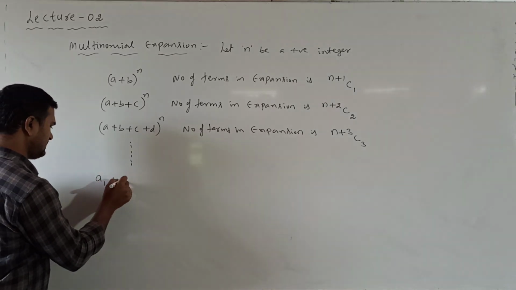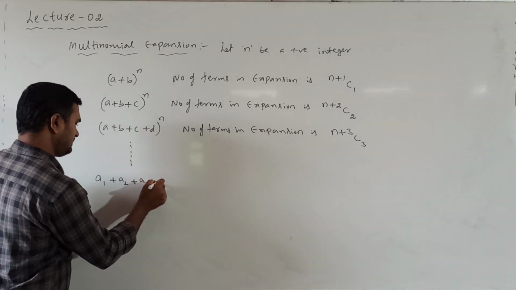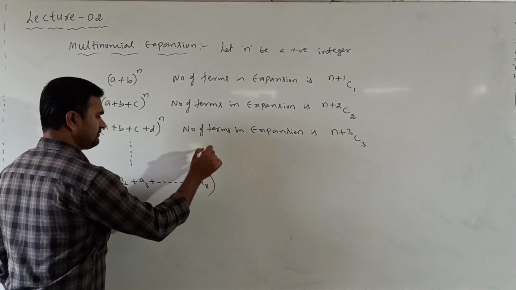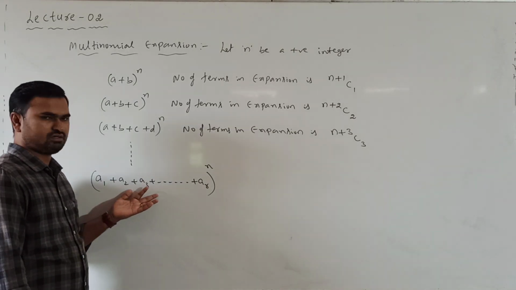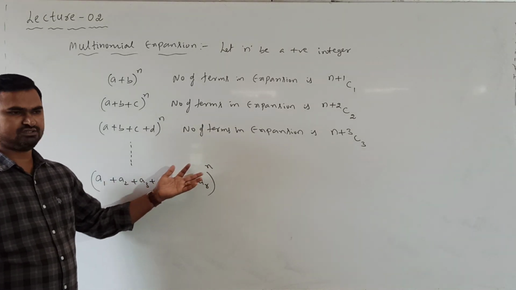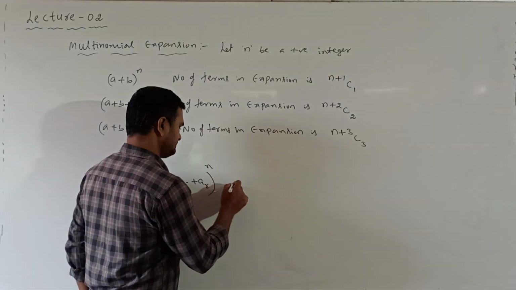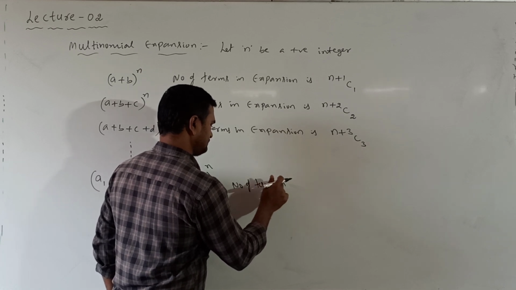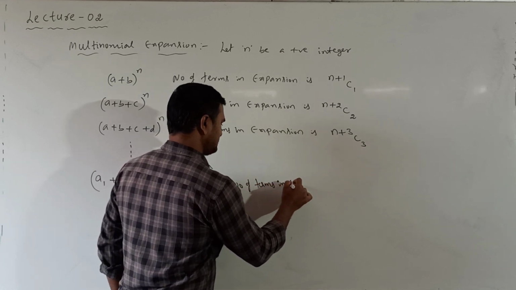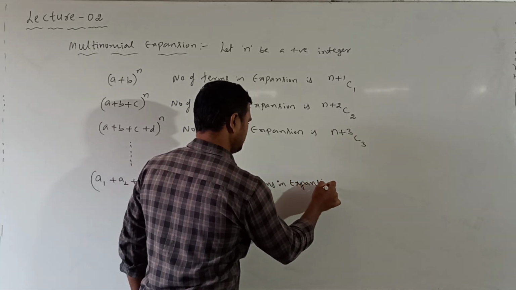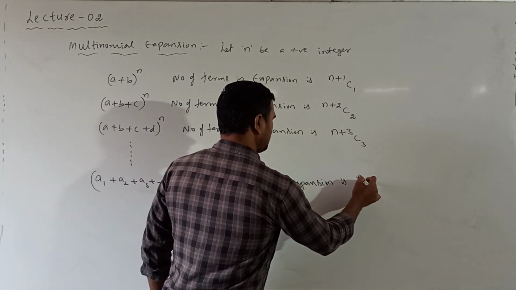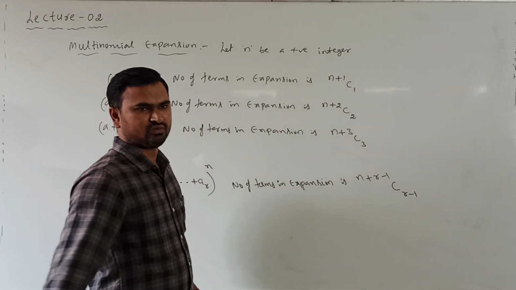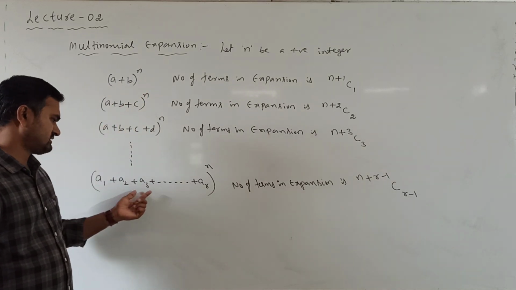Let us take the expansion (a1 + a2 + a3 + and so on up to ar) whole to the power of n. So we have r terms raised to the power n. In this expansion, the number of terms in the expansion is (n+r-1)C(r-1), where r is the number of terms in this bracket.